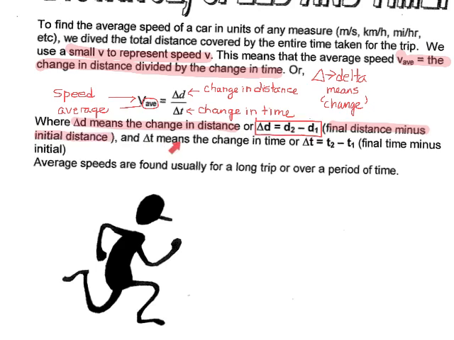And delta T means the change in time, or the final time minus the initial time. So keep in mind that when you see D2, it always means final distance.